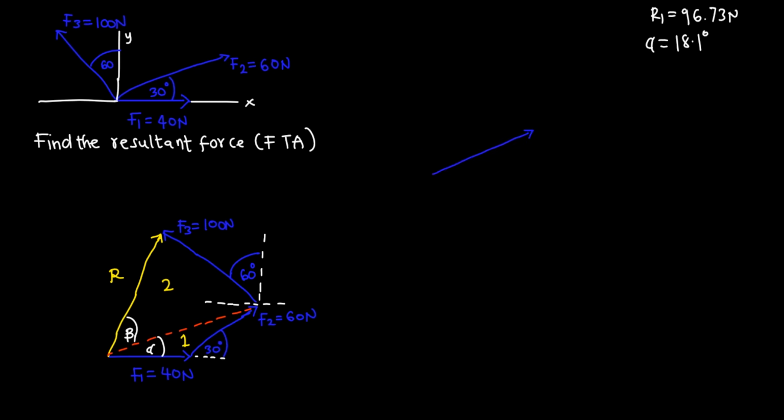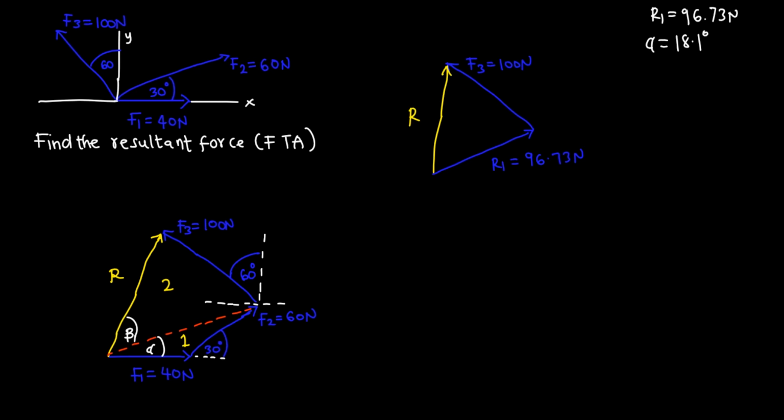This is R1, and then I have this to be F3, which is 100 Newton. This is R1, that should be equal to 96.73 Newton. This will be the resultant force R, which is the actual resultant force that we want to find.